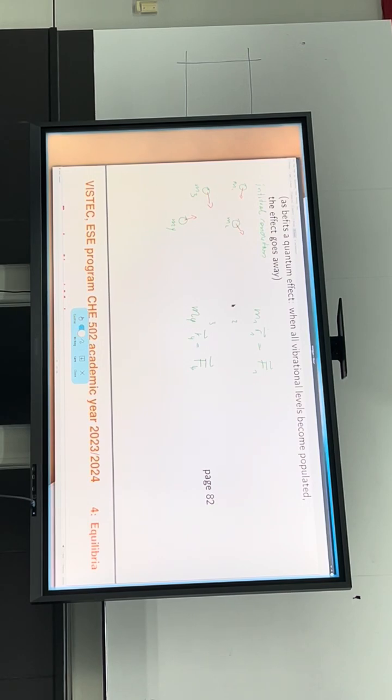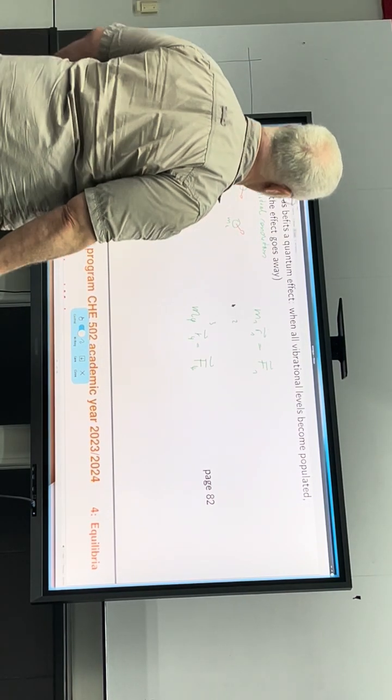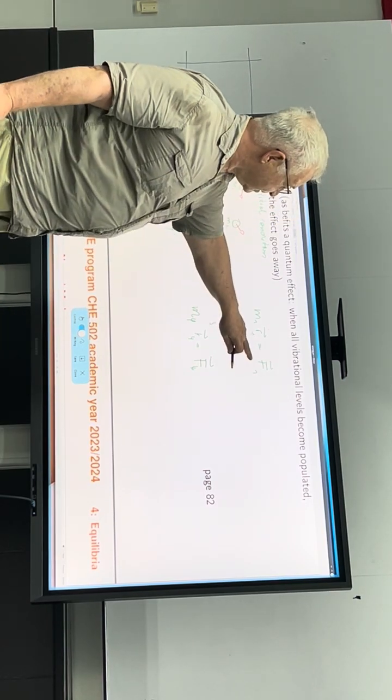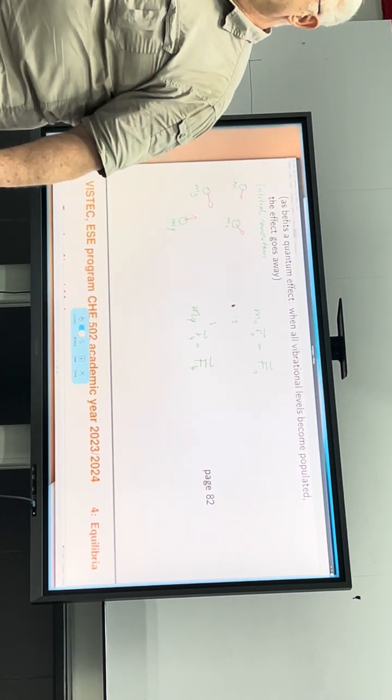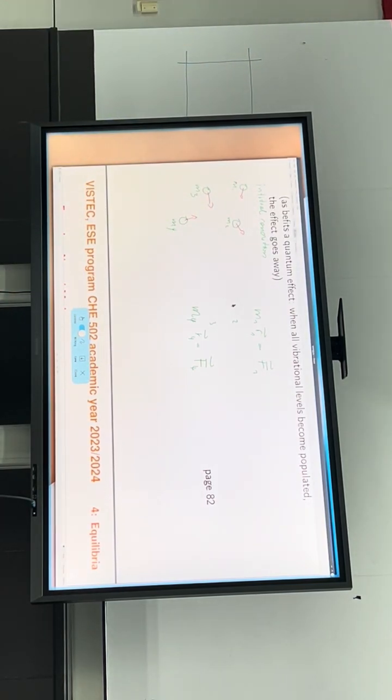Now, if we know the force, let's just for 1 second, but only for 1 second, think we know the force on particle number 1. Then we can, what mathematicians call, integrate Newton's equation.